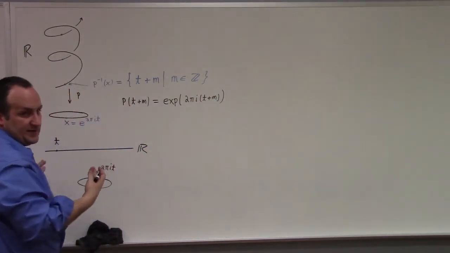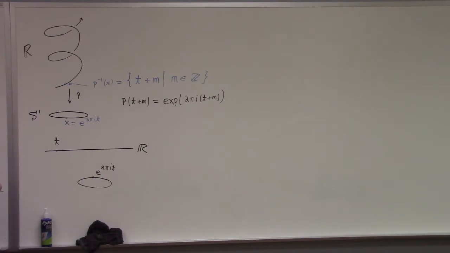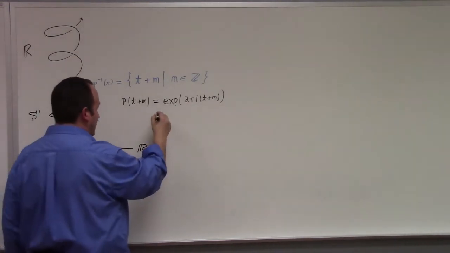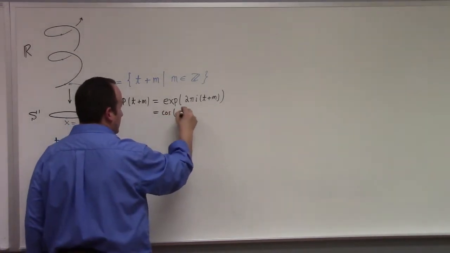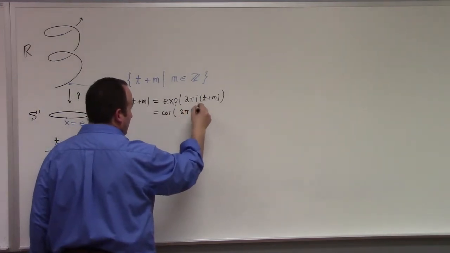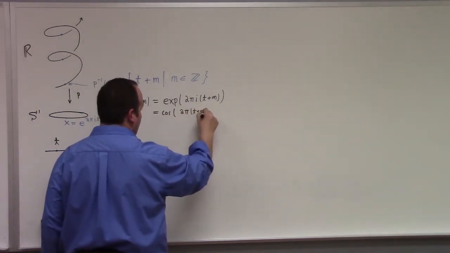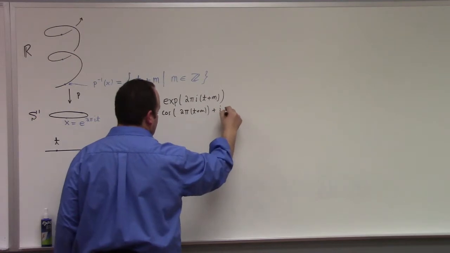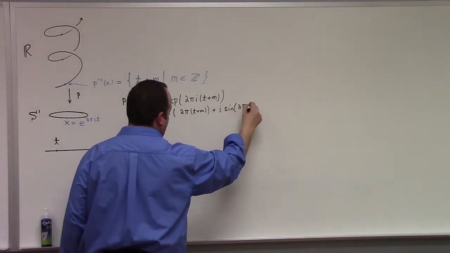Since I know you guys are not all super well versed in complex exponentials, I'll write it down again. This is cosine of 2 pi (t plus m), plus i times the sine of 2 pi (t plus m).